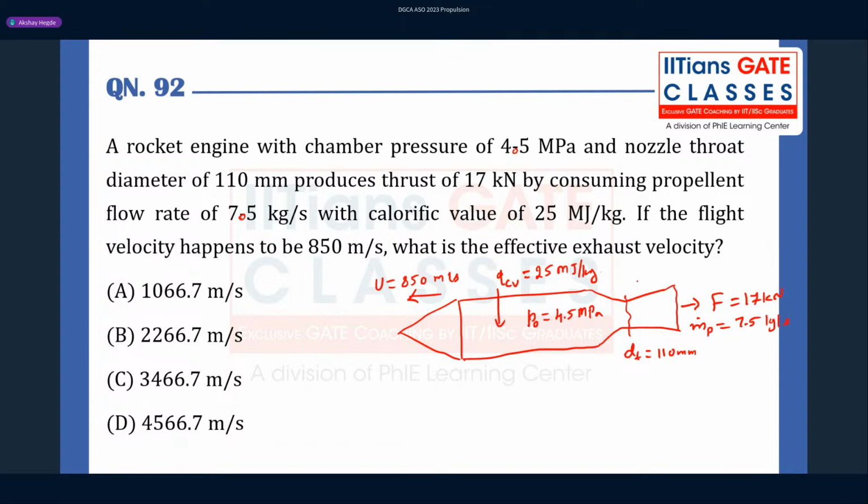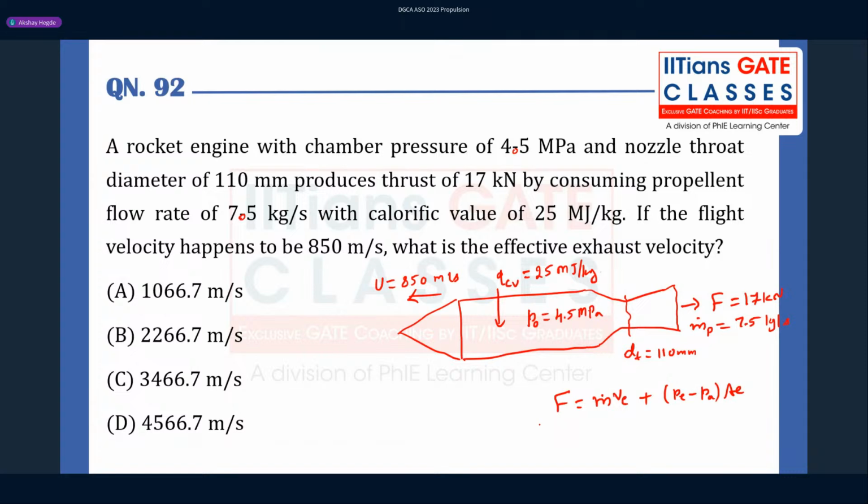See here in this problem, the total thrust is given. They have not said whether it is a momentum thrust or whether a pressure thrust component is involved. But the total thrust produced by the rocket engine is a combination of momentum thrust plus pressure thrust, which we just saw in the last problem also.